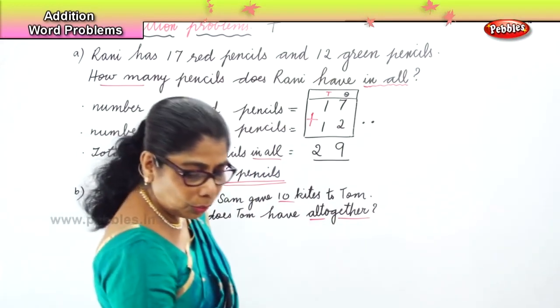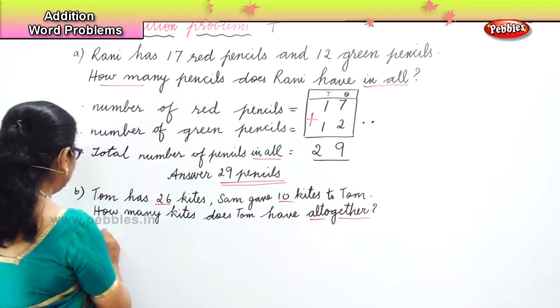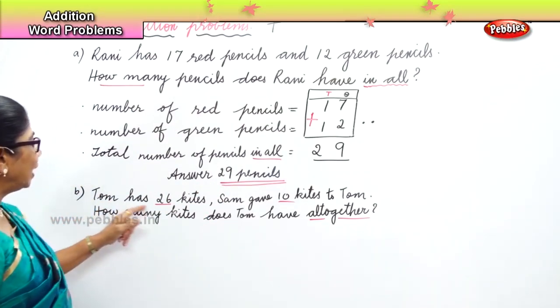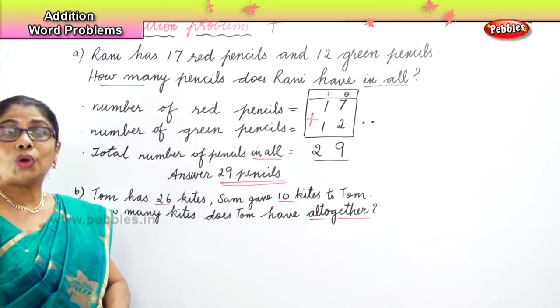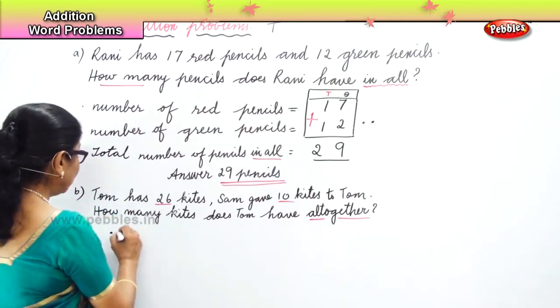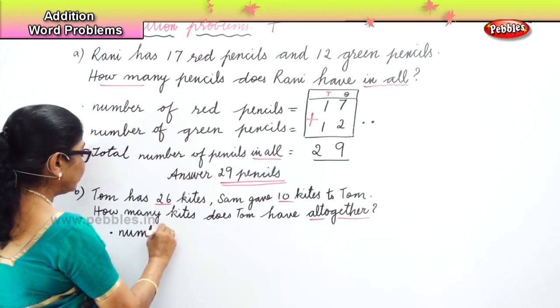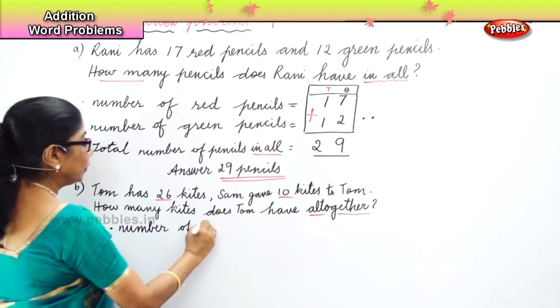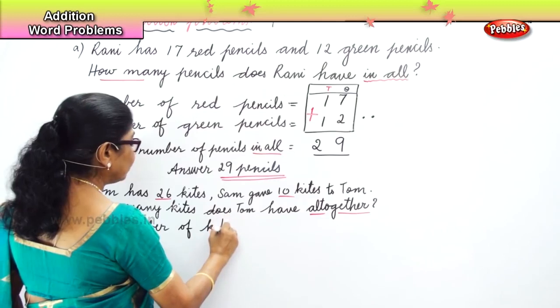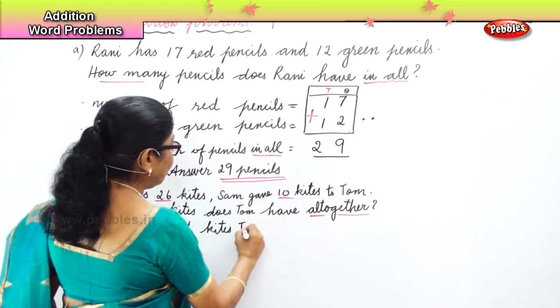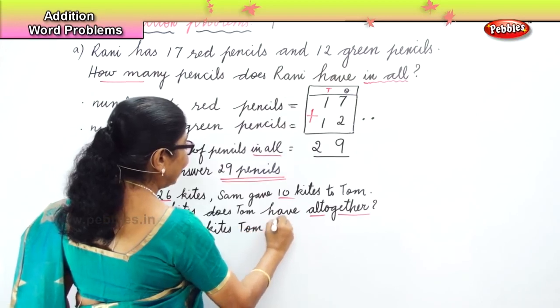Now we are going to look at what is the statement that we are going to write. Number of kites Tom has. Very good. So number of kites Tom has.